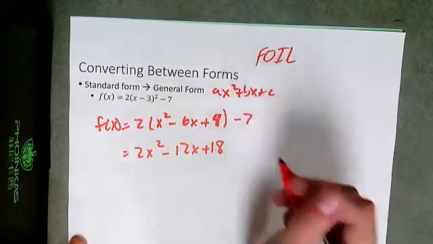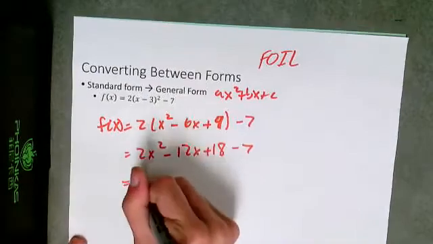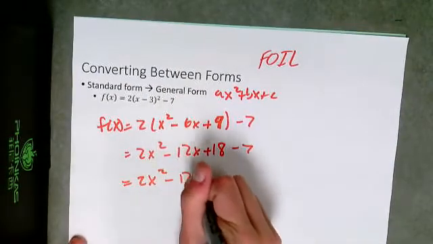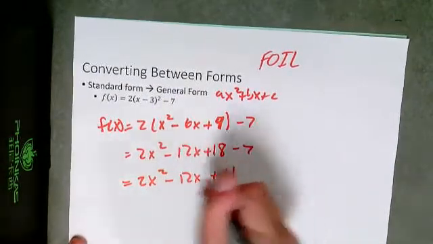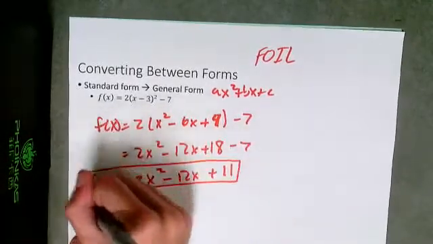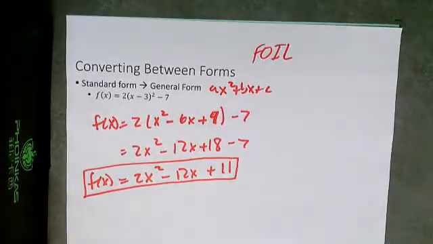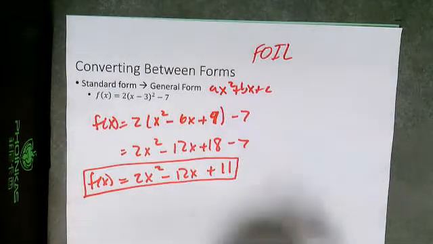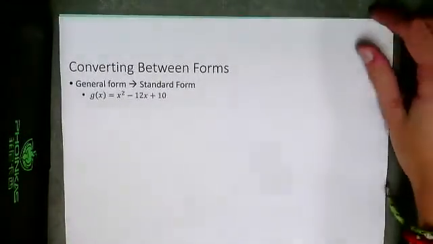This is a 9 minus 7, so 2x squared minus 12x plus 11. And there we go. That's from standard form into general form. Pretty straightforward, nice and easy. Okay. The other direction, not so much, but still not terrible.